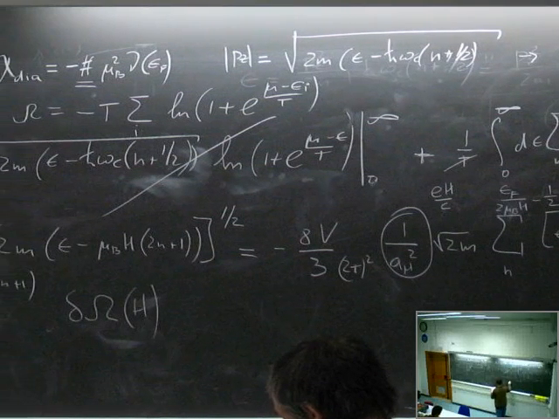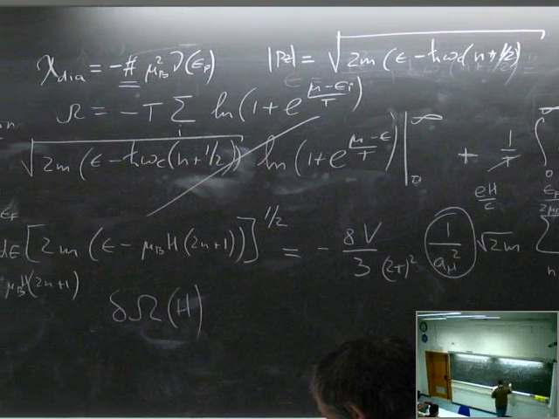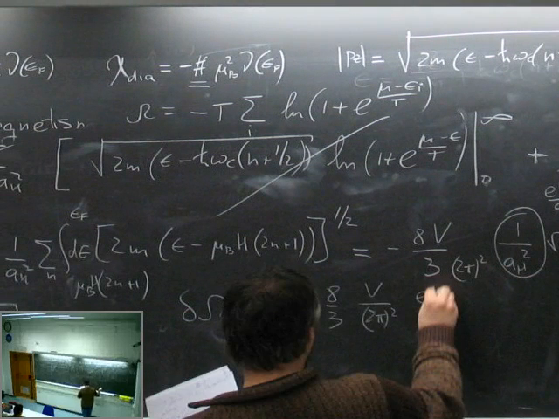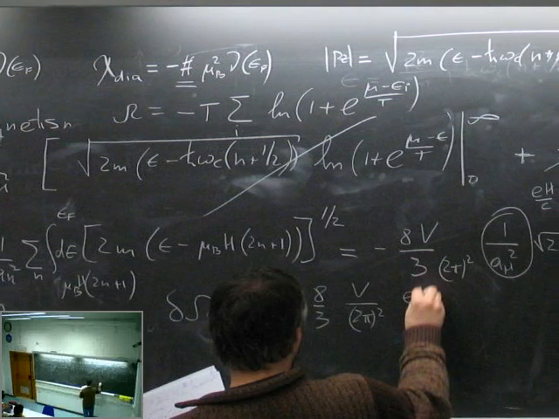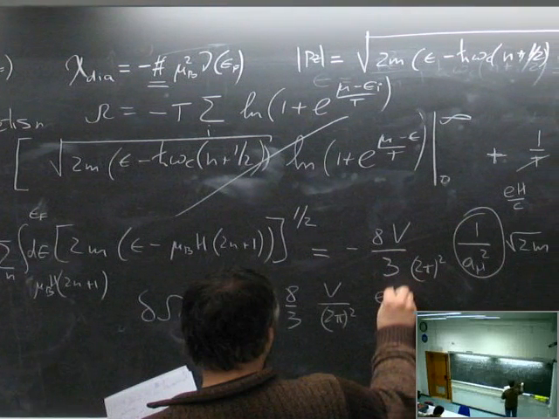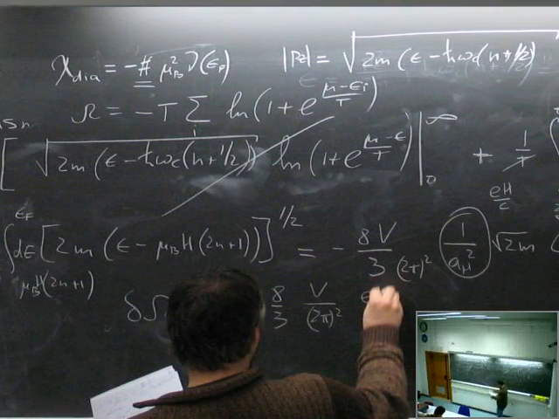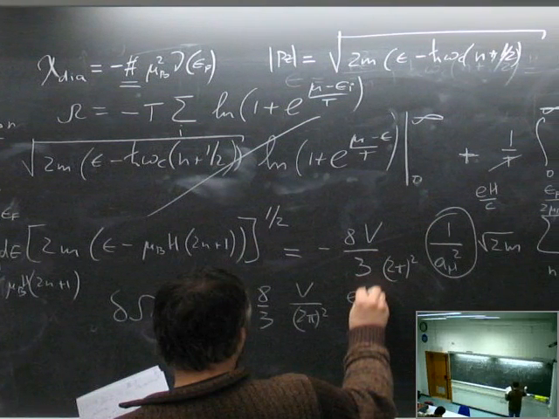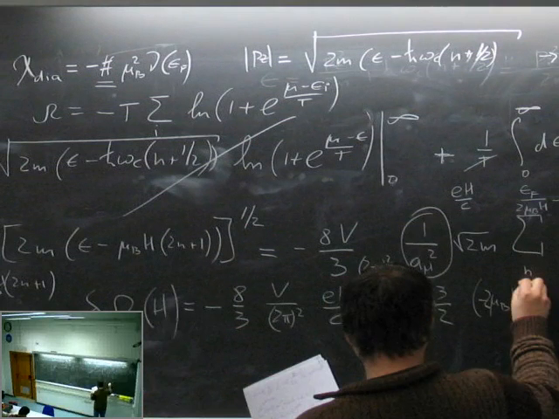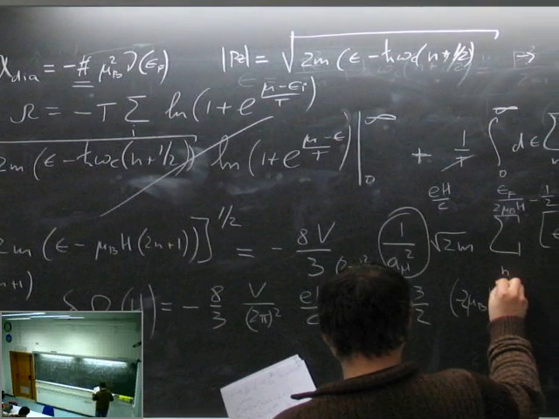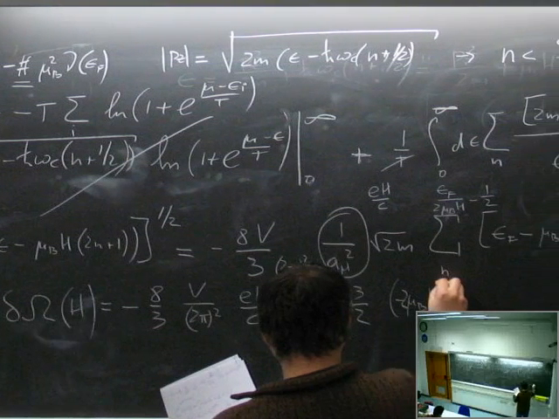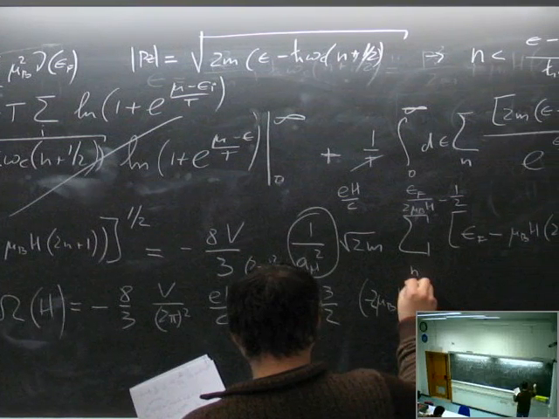So this is minus 8/3 V over 2 pi square eH over c, 1/24, 3/2, minus mu Bohr, 2 times mu Bohr H times square root over 2m and times Fermi energy to the power 1/2.